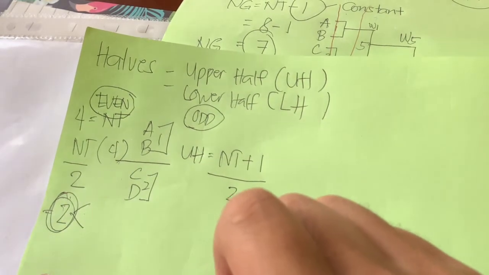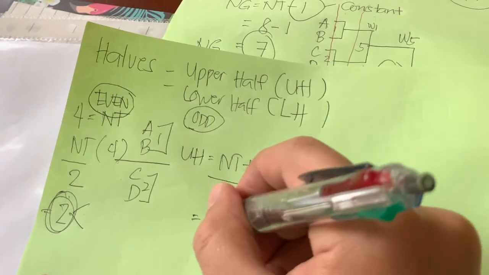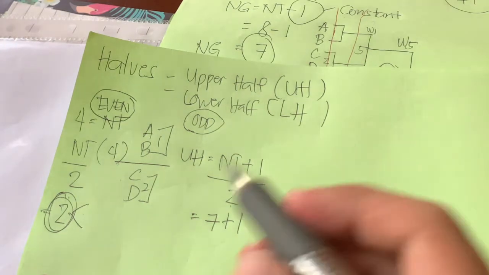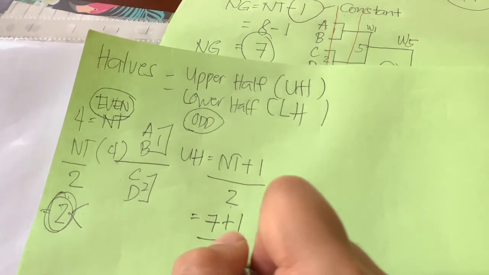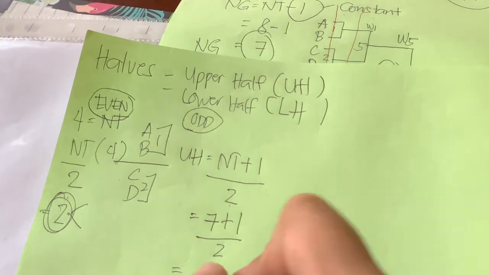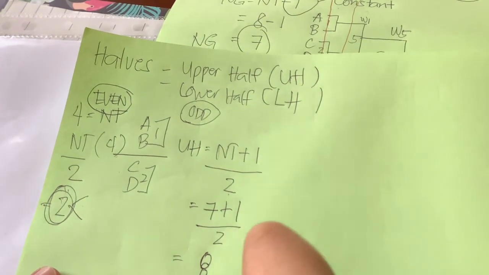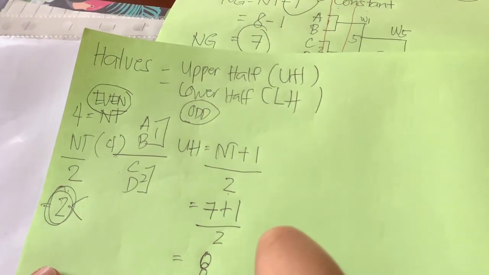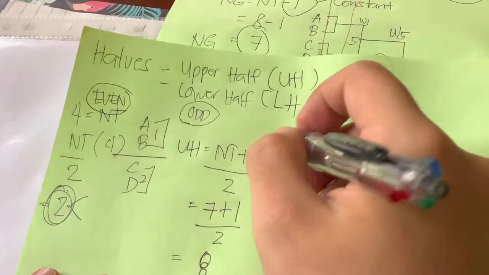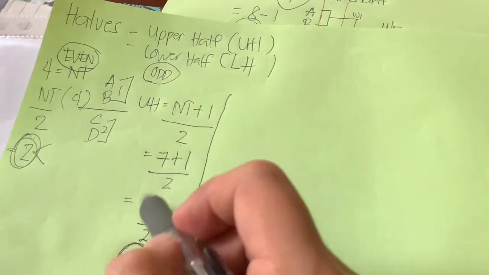The denominator 2 here is constant. So let's say we have 7 teams plus 1, 7 plus 1, all right, divided by 2. So it will be 8 over 2, meaning 4. So there are 4 teams who would be on the upper portion. Now let's try to find, remember the number of teams is 7, okay?